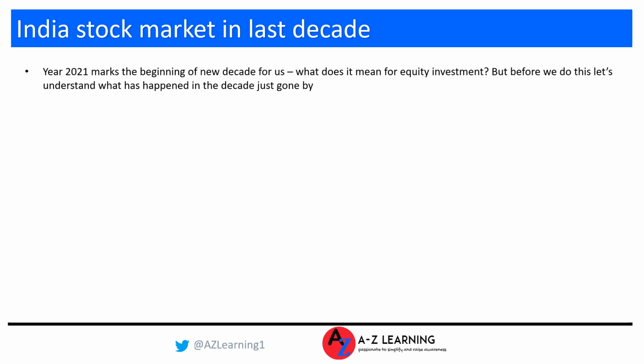But before we talk about what is in store for the future, it's important to understand what has happened in the last 10 years that have just completed. So the period from 2011 to 2020, what has happened? It's important to quickly remind ourselves about those things. So let's start with the last decade.